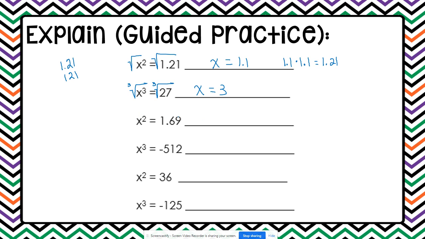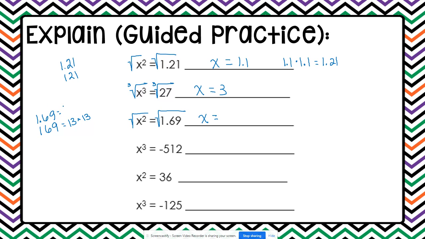For x squared equals 1.69, I'm going to take the square root of both sides, which leaves me with x equals, well, again, 1.69 is not a whole number perfect square, but we can think about whole numbers that we know are perfect squares, and we know that 169 is the same as 13 times 13.